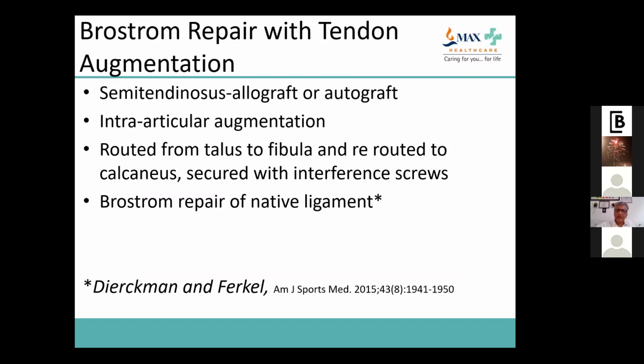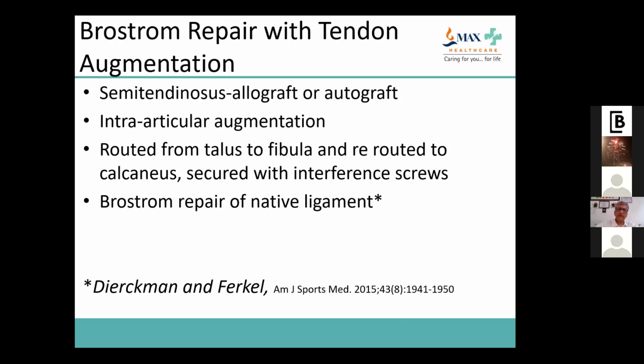And this tendon repair can be done before we do our Brostrom tissue repair, because this is a biological repair and an intra-articular augmentation. So what we do is route this tendon from the talus to the fibula and then reroute it to the calcaneus to duplicate the ATFL as well as the CFL. And then we do the Brostrom repair of the native ligament.